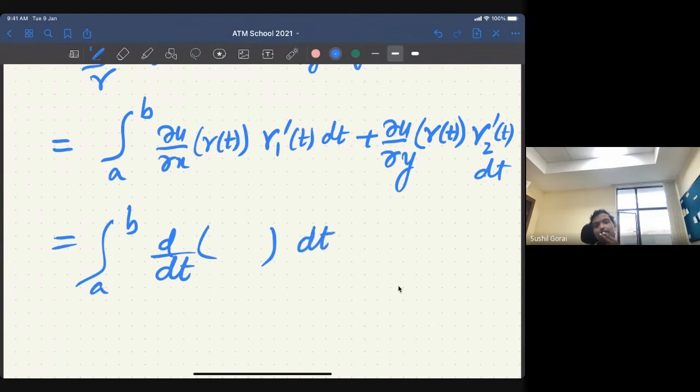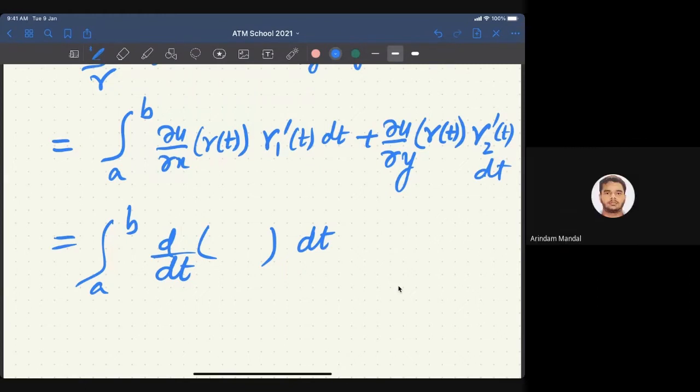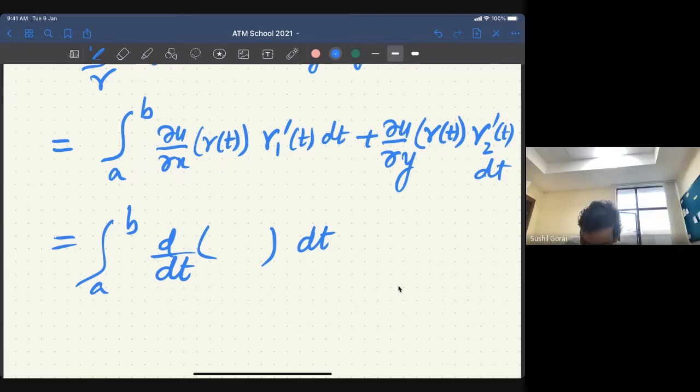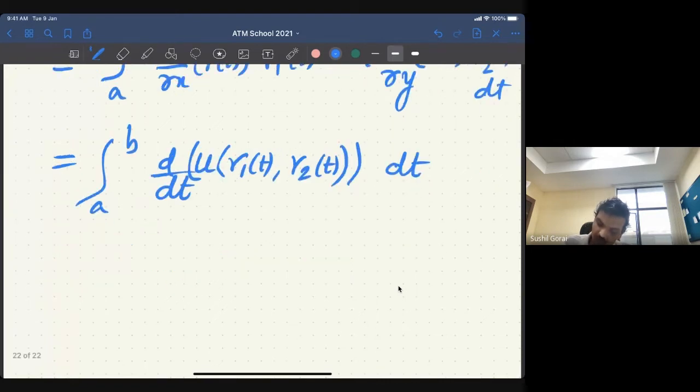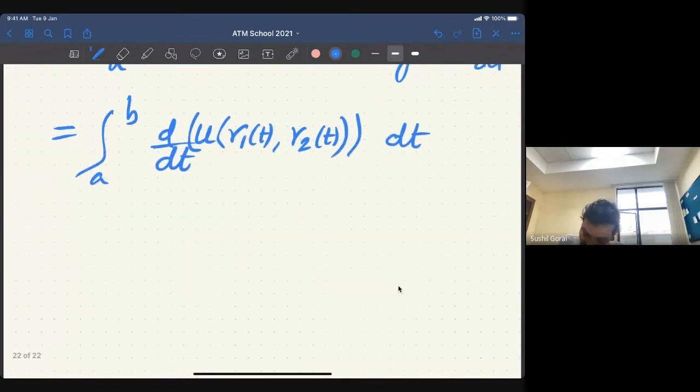So what will it be? u composed with gamma of t, right? So u of gamma t. Maybe I would write d/dt of u of gamma 1 t comma gamma 2 t, dt. So this is how it is. You have the closed interval [a, b].